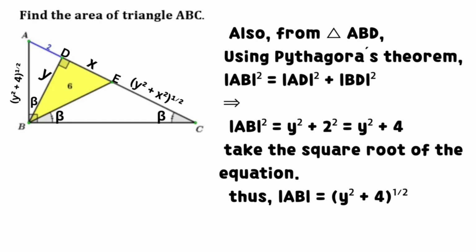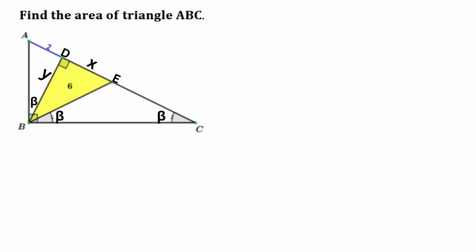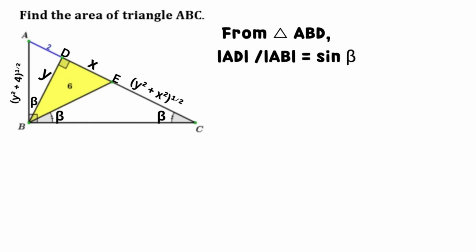It implies that the square of AB equals the sum of the square of y and the square of 2, which equals the square of y plus 4. Take the square root of the equation. Thus, AB equals the square root of the sum of the square of y and 4.